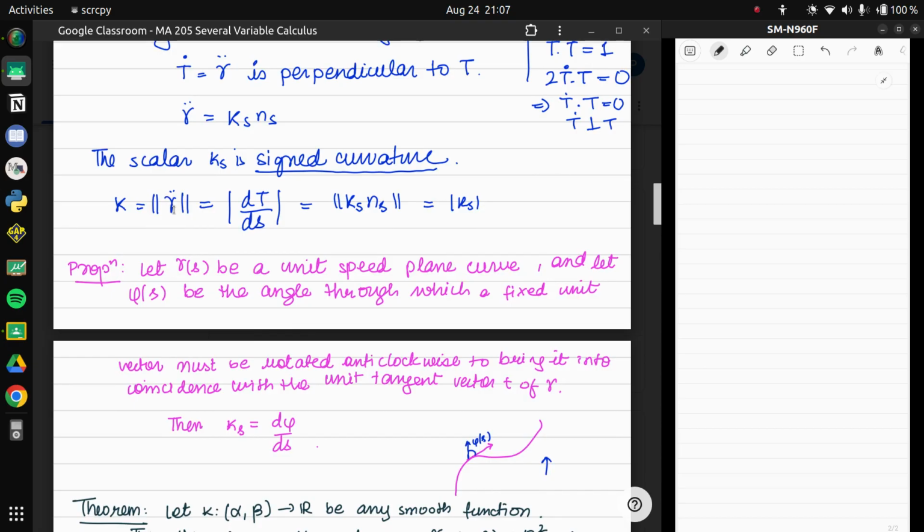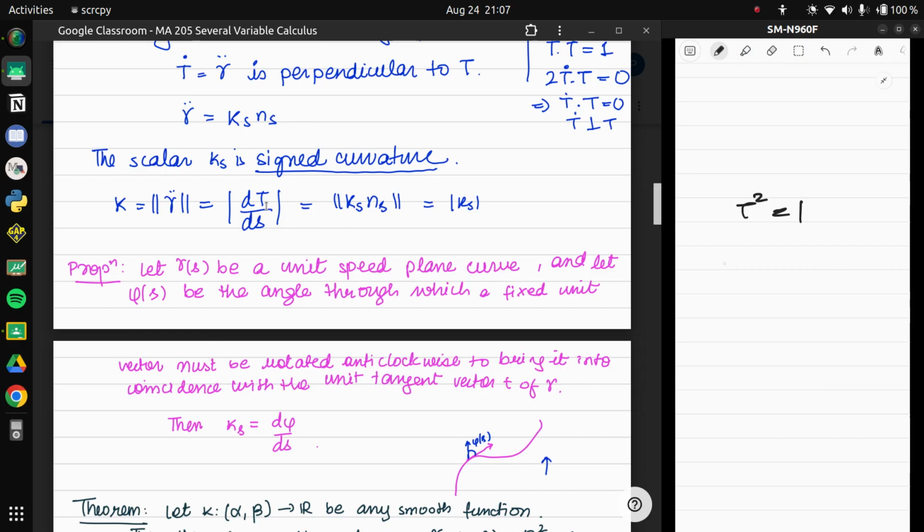And so you can write this as r double dot, which is dt by ds, because remember t was now just the velocity itself, since it's unit velocity everywhere. Since your t is a unit vector, your dt by ds is going to be in the direction perpendicular to t. You don't believe me? You can see this easily. t squared is just equal to 1 all the time.